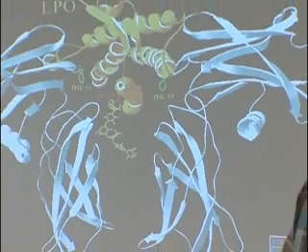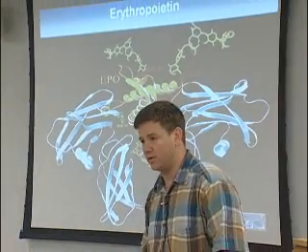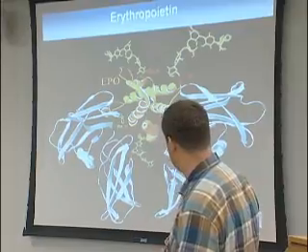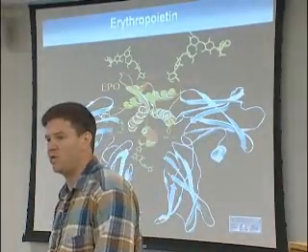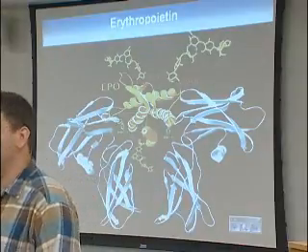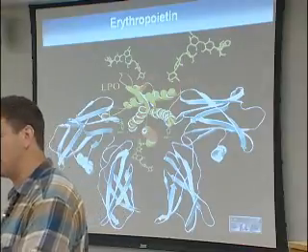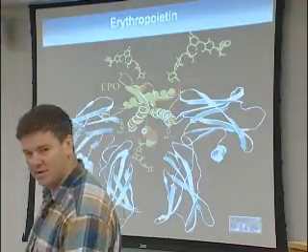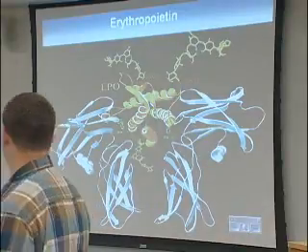Here's another protein. This is probably the most contested biotech space in the world at the moment. The white, blue, whatever color you want to call the structure is the erythropoietin receptor. Just a quick recap, erythropoietin stimulates the formation of red blood cells. So if you plan to run the Tour de France, it seems to be in fashion to take a little bit of erythropoietin to boost the red blood cell count so that the availability of oxygen is much more, and therefore you can do much better.